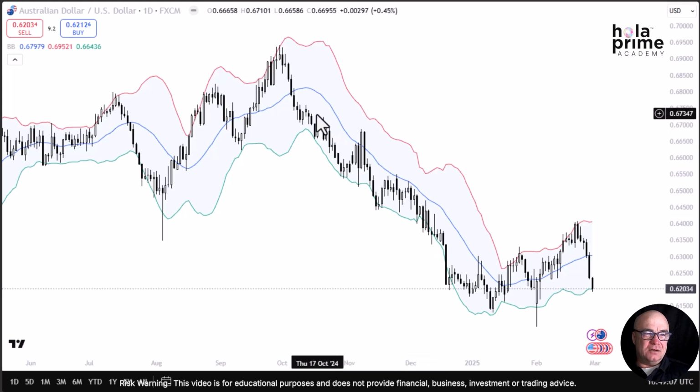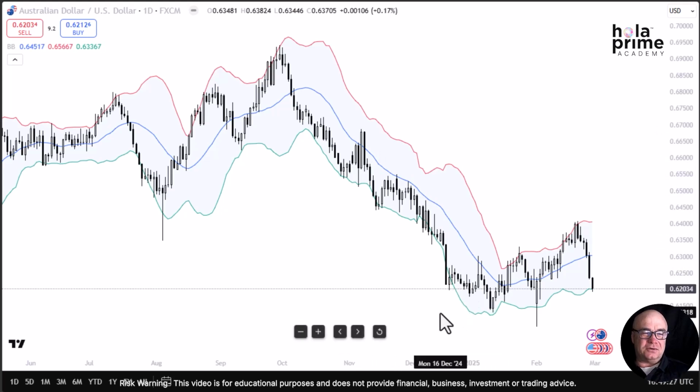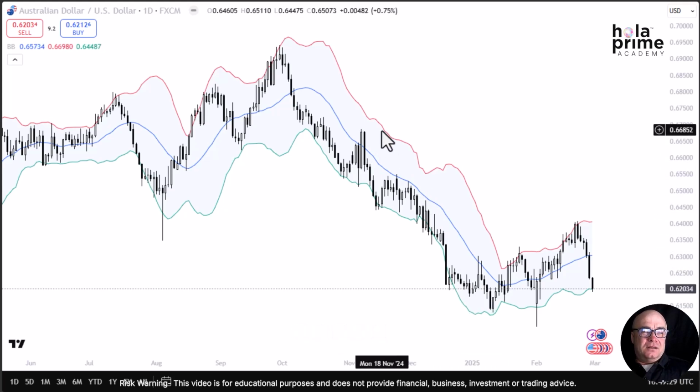And notice for quite some time on this daily chart, from roughly late October to right around mid-January, every time the market reached towards the normalcy, the 20 SMA, the Australian dollar fell further. You can see that we did break below the -2 standard deviations here and bounced in this direction and then sold off again. That's generally how I would play it.